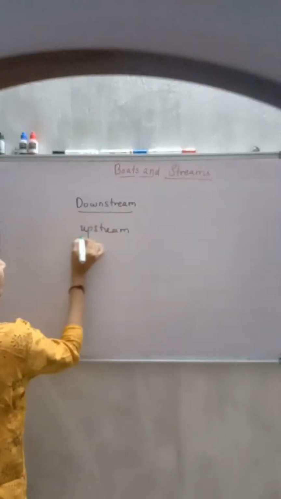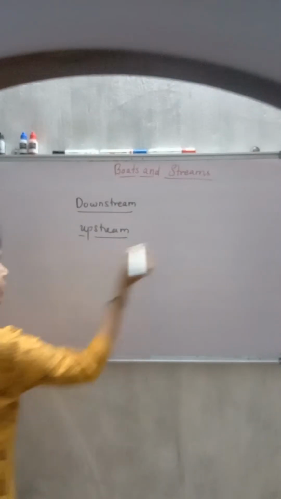So boat and stream. First of all, we will see two related terms related to boats and stream. They are downstream and one term is upstream. Now what is this downstream and what is this upstream?